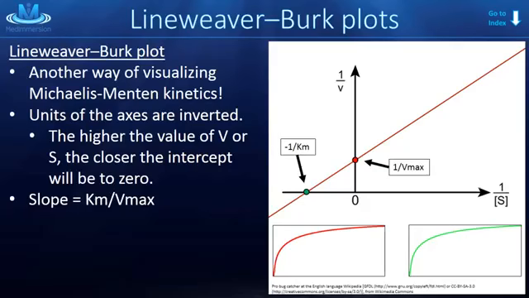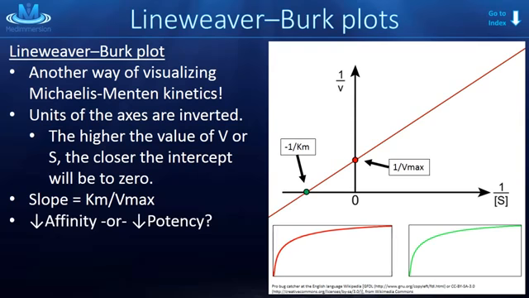So the first thing that we're going to manipulate is going to be the affinity, or the potency. Do you remember how that looked on the previous type of graph? So look at our first example, the red example. The affinity, or the potency, was directly related with the Km. And as the Km moved farther away from 0, or as the Km became larger, the affinity, or the potency, of that enzyme or that drug decreased.